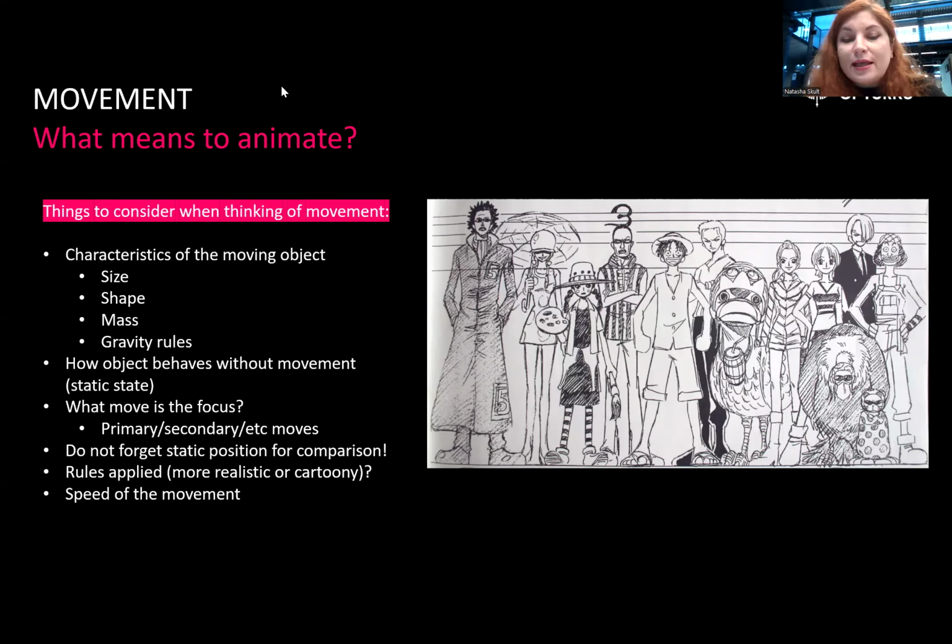Now, the static position, or the way something stands in its natural pose, serves for us also as a comparison, because we are comparing not just how one turns from that position into whichever movement, but it's also a comparison for size, shape, and mass. So that's the one that we are comparing towards, so that when things happen to it, it's still believable, whatever the action might be.